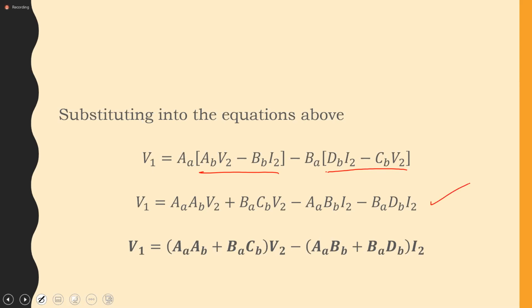And then if we expand and simplify, bearing in mind that the relationship we want for transmission coefficient parameters is that V1 is equal to A V2 minus B I2.